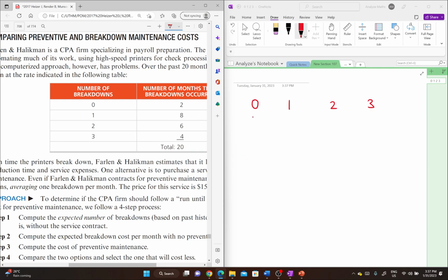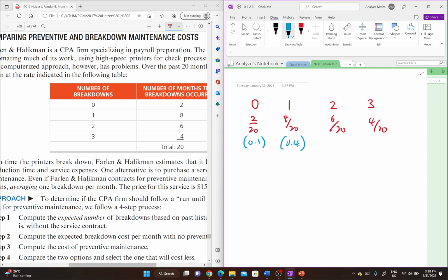In this case the probability is 2 over 20, 8 over 20, 6 over 20, and 4 over 20. Basically you can write this in decimal: 0.1, 8 divided by 20 is 0.4, 6 divided by 20 is 0.3, and 4 divided by 20 is 0.2.